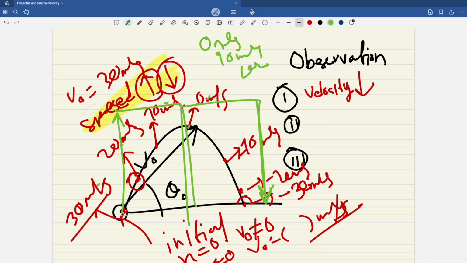Why is it decreasing and suddenly it increases? What makes the speed increase? The thing that made the speed increase was the maximum point.